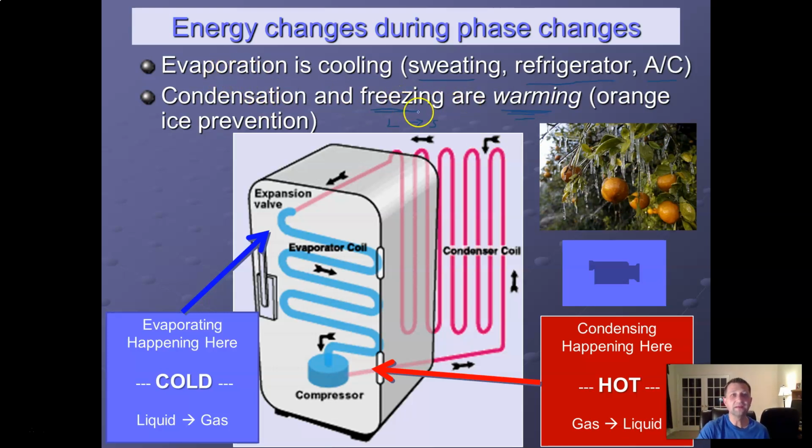Freezing is a warming process. Melting is a cooling process as well, because you need energy put in to take a solid to a liquid. So it takes energy from the environment. So it's a cooling process as well, even though it doesn't seem that way.